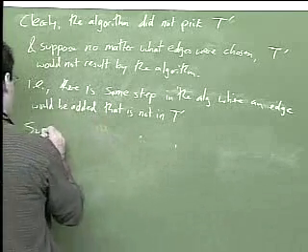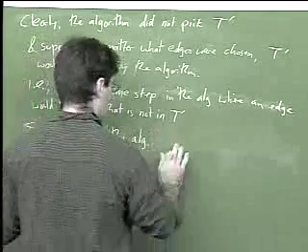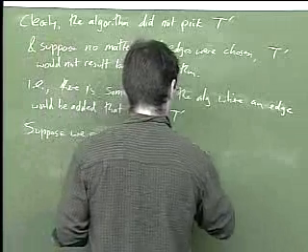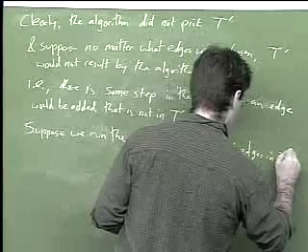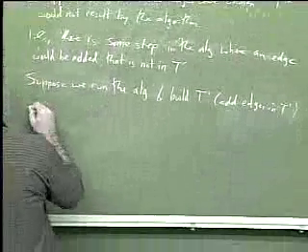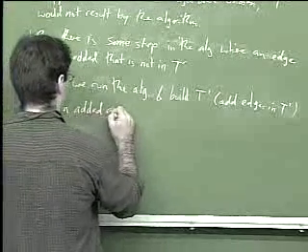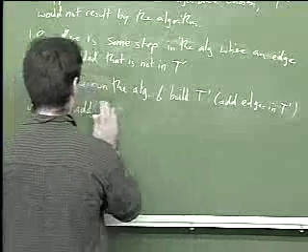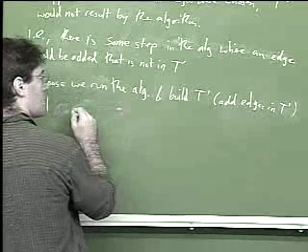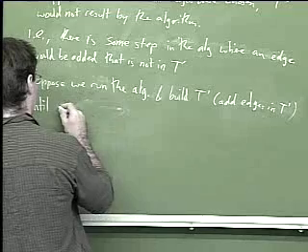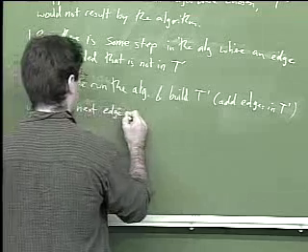Suppose we run the algorithm and build T prime, adding edges in T prime until the next edge to add is not in T prime.